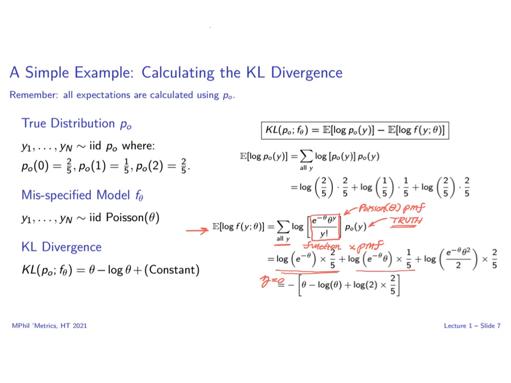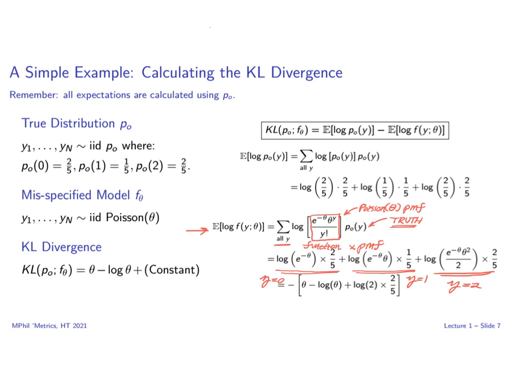Substituting in y equals 1, we obtain the log of e to the minus theta times theta multiplied by p naught of 1, which is 1/5. And substituting in y equals 2, we obtain the log of e to the minus theta times theta squared over 2, multiplied by the probability that y equals 2, and that is 2/5.